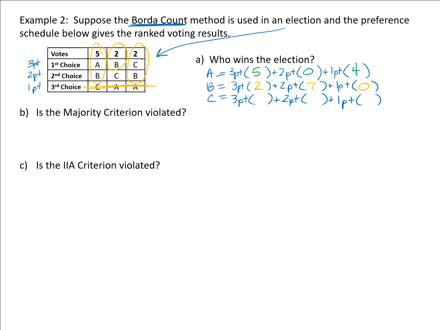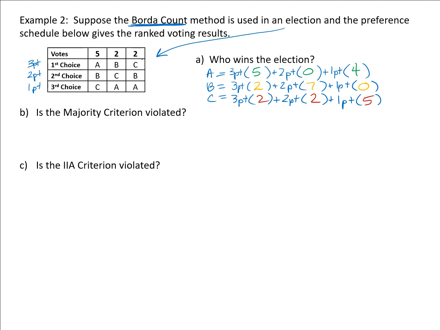All right, let's do the votes for C. C had 2 first choice votes, 2 second choice votes, and then 5 third choice votes. So we're going to do the calculations now for each of those candidates.